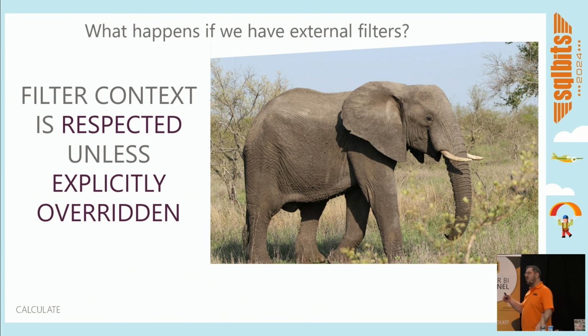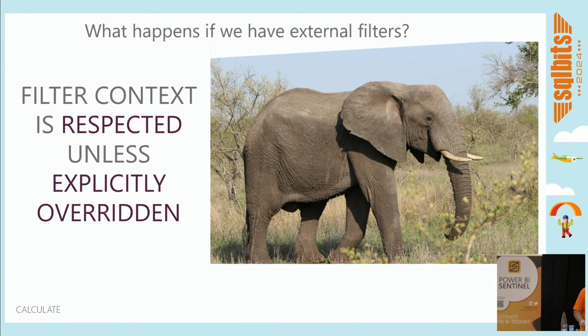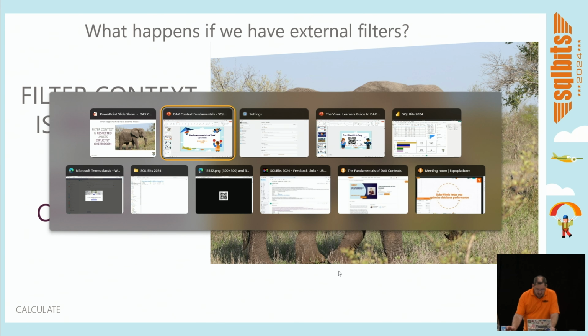Now, how do I override a filter context? Well, I introduce a filter in my measure on the same column that the external filter is already on. So, before we go there, let's have a look at this as an example.